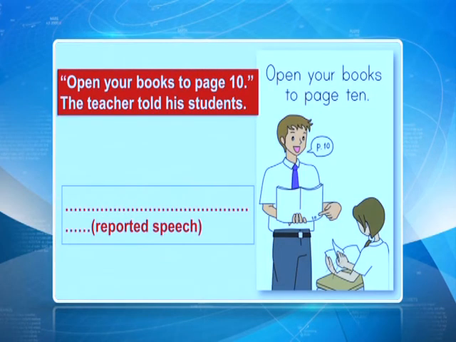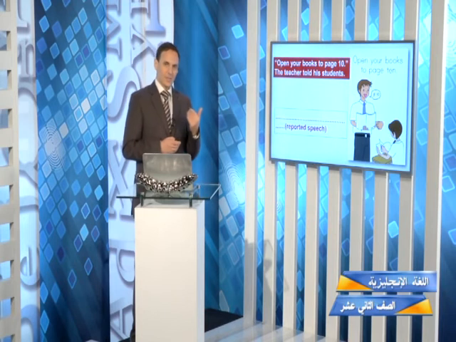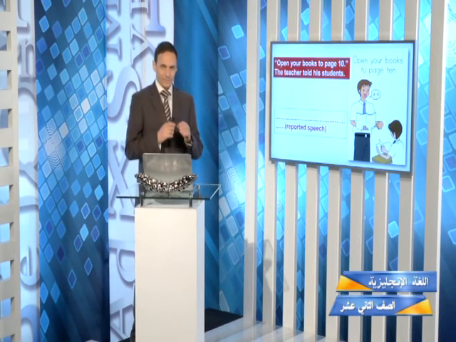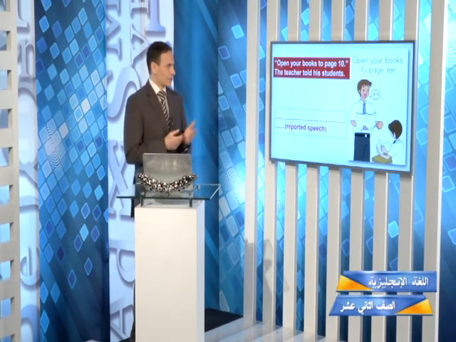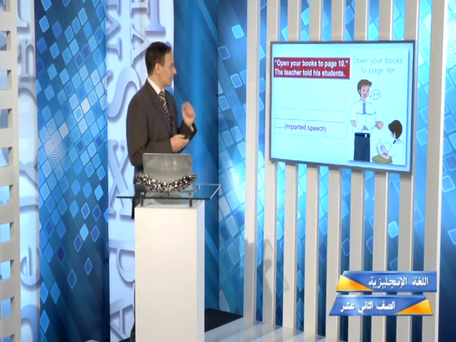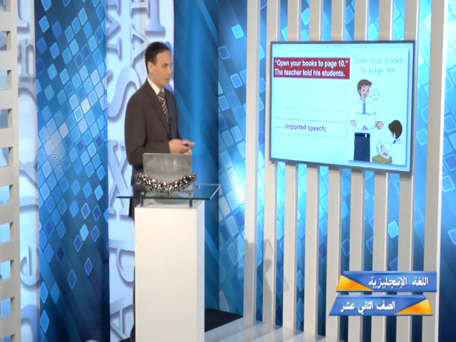Okay? Another sentence, open your books to page 10. The teacher told his students. Reported speech. Notice that in this sentence, we have an imperative sentence. It is not similar to the first one where you have a WH question. This one is an imperative. It is an order, and we understand that it's an order because we have a verb in the beginning of the sentence.